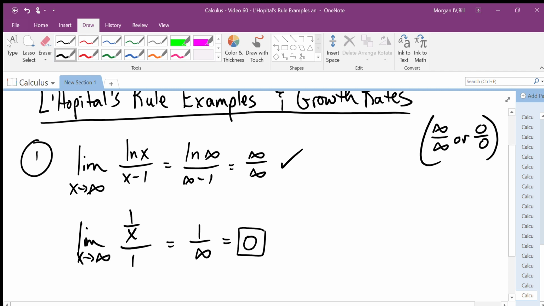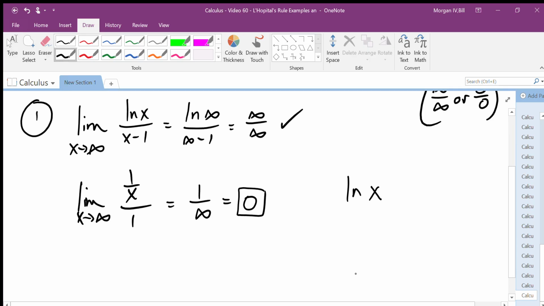But I want to talk a little bit more about this problem. What this is saying is that the rate at which natural log of x is growing is not as fast as the rate at which x minus 1 is growing as x is going to infinity. So although the natural log of x does go to infinity, it doesn't go there very fast, right?